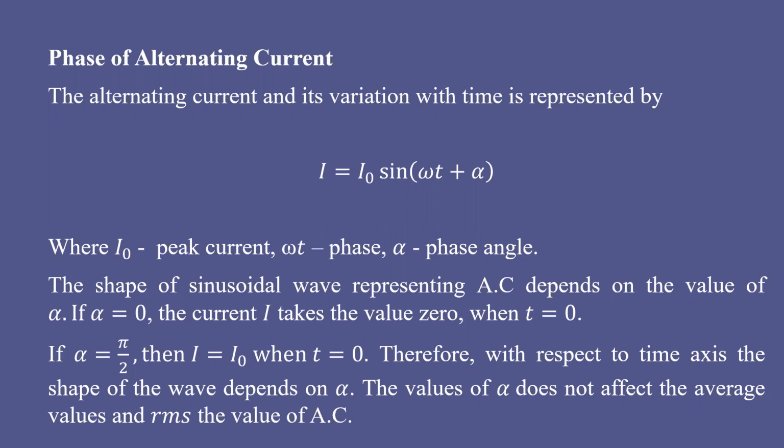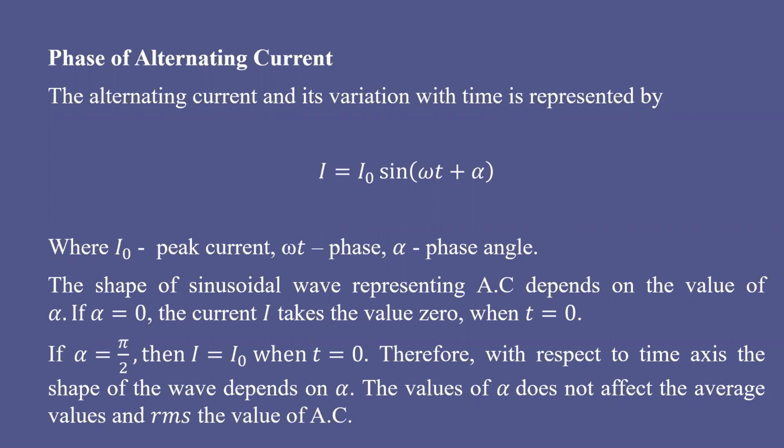If alpha is different for two AC signals, then there will be mismatch. If you combine them, they will not match with one another, because at t equal to 0, they will have different values of I. There is no perfect coincidence.